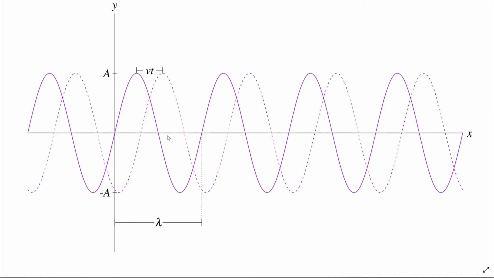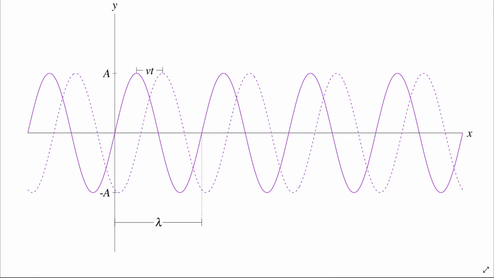Now we need this x position here. We had some x where we had this maximum position, and then we need this new x to have that maximum value. So we need to take this x position, where this peak is going to be at that later time, and subtract from it this distance vt to get back to this point, because then it would have that same value.